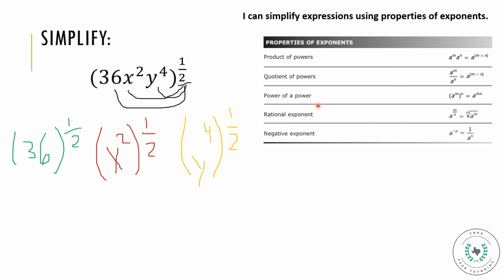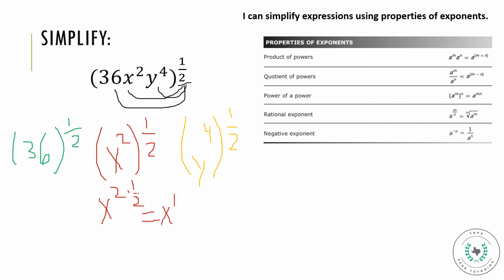So once again, this power of a power rule states that we are going to multiply these exponent values together. So we're going to take x^2 times a half, or x squared divided by 2. And either way, regardless of whether you multiply that 2 by half or just divide it by 2, you're going to get x to the power of 1.